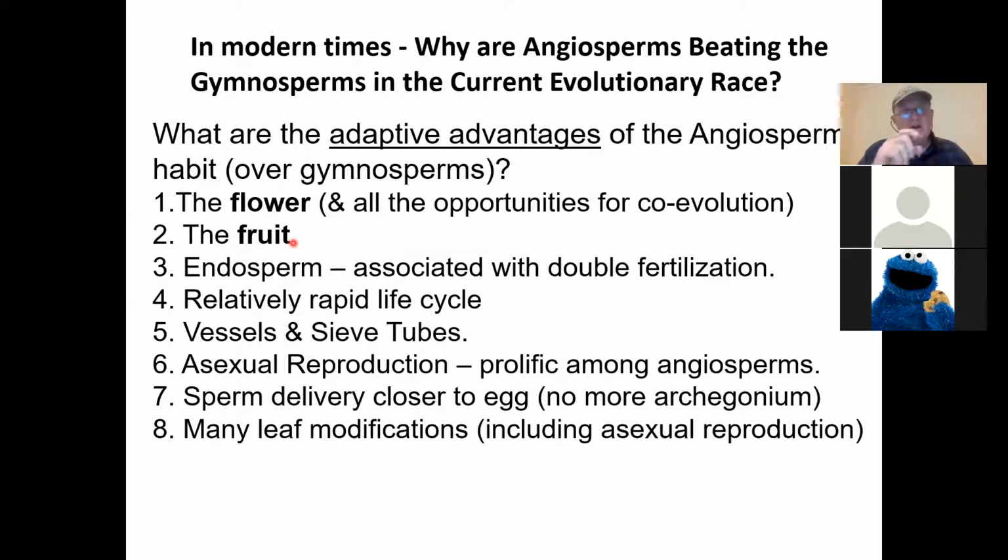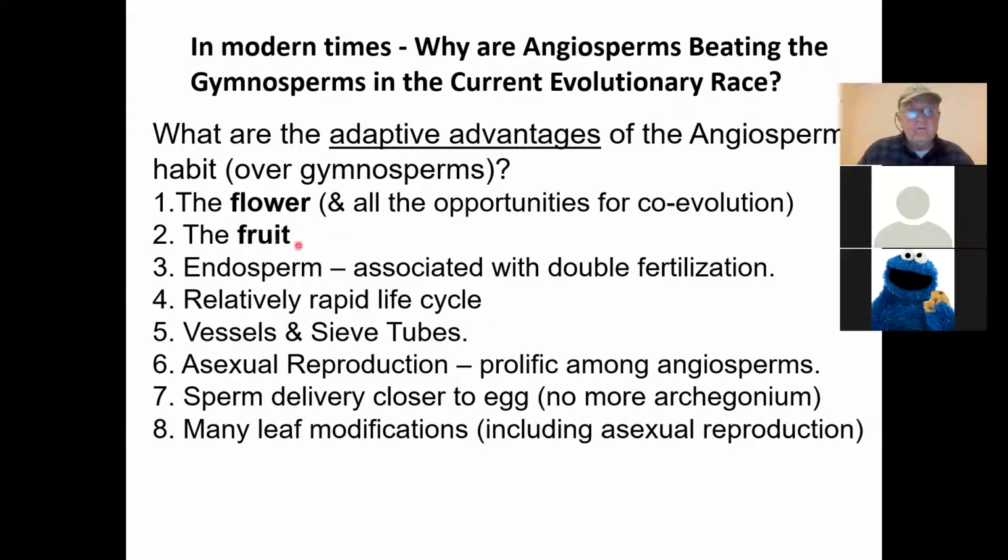But the point is that gymnosperm means naked and angiosperm means covered. And if you've got the fruit covering around the seed, it can be protective. It can be something that can be eaten and passed through the system of an animal and expelled out the other end, and help those seeds to germinate sometimes.